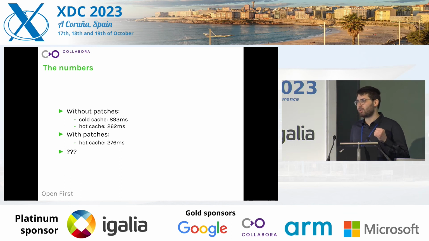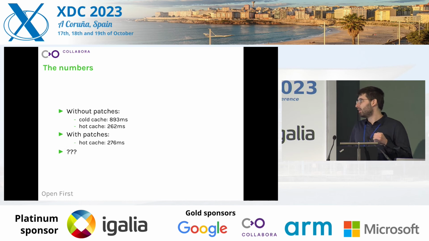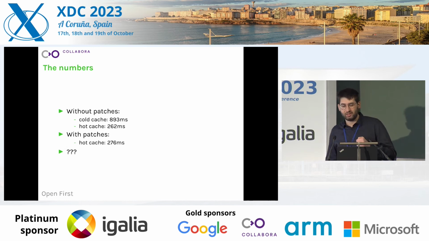Without this cache, you could get up to 193 milliseconds of stutter in that trace. That's pretty terrible. With our own cache, we get 262 milliseconds. Now with the patches that I've made, at first I got 276 milliseconds with our cache, which is not an improvement. So what's going on?